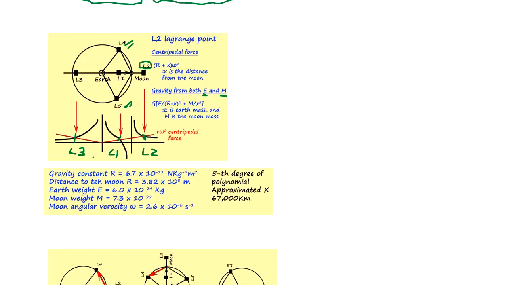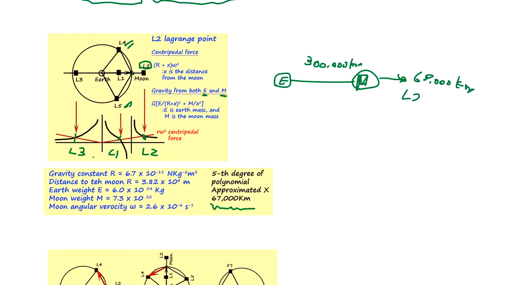So you need a computer to get the approximation, and this turned out to be 67,000 kilometers from the moon. Earth and Moon are 300,000 kilometers apart, and farther out, 67,000 kilometers, there is a Lagrange 2 point, a stable point.